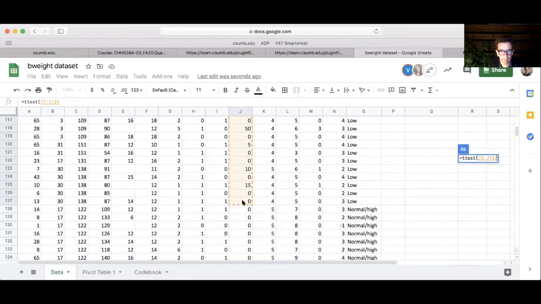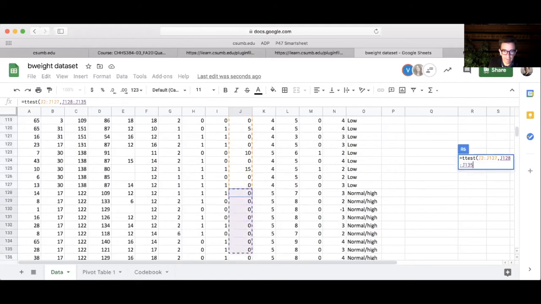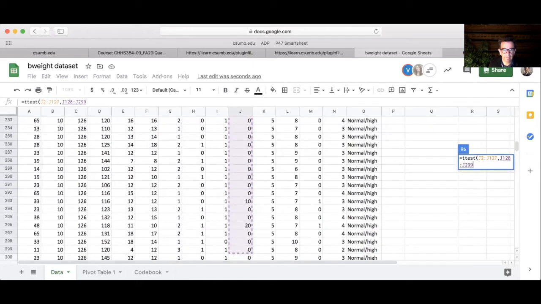Okay, there you go. And then comma, and then give me the cigarettes for those in the second group. And this is a larger group.